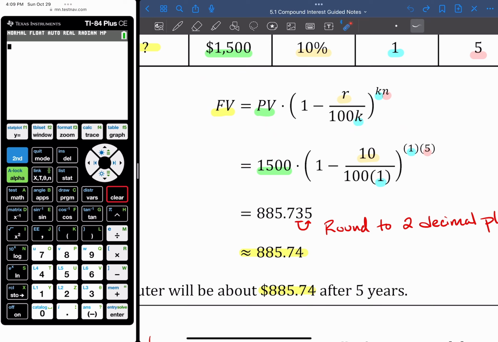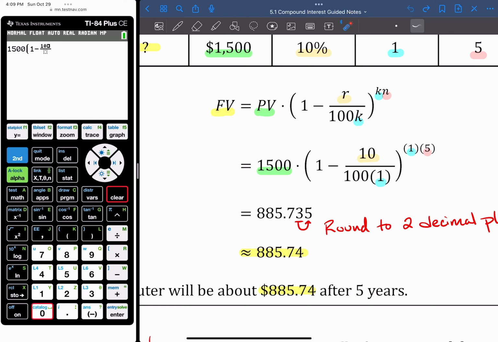So we're going to use the formula, the modified compound interest one, where instead of addition, we're going to subtract. The initial value is 1,500. We're going to times that by 1 minus the depreciation rate, 10% over 100 times our K, 1, raised to the power of 1 times 5 because it's 5 years. So we're trying to figure out what the value of that computer is going to be in 5 years. So grab your computer or calculator, and we're going to do 1 minus the fraction.